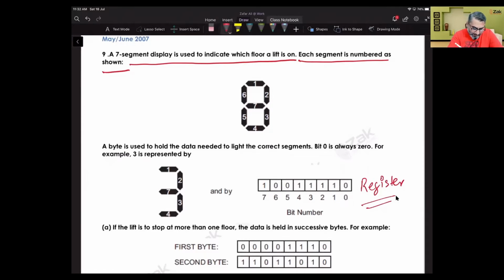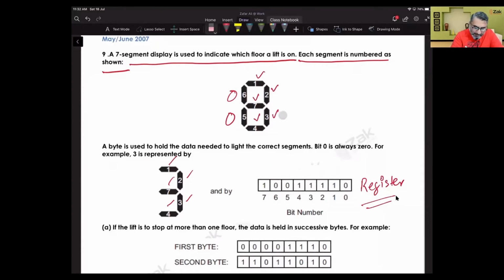Now if you would like to make this 7 segment display show 3, it means that 6 will be 0 and 5 will be 0. So 6 and 5 are 0, and 1, 2, 7, 3, 4 will be 1, and the rest will be 0.